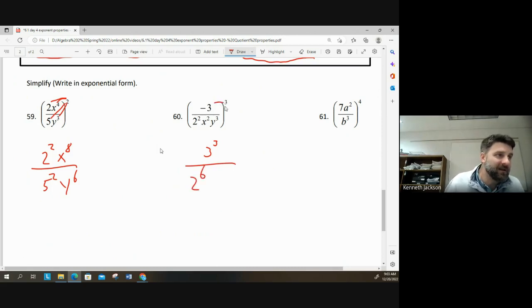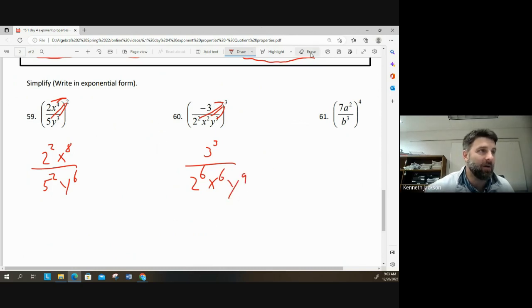That's taking this 3 and I'm multiplying all of the exponents. x to the 6th, y to the 9th. Now, this negative belongs to the exponent of 3, which means I have 3 negatives. 3 negatives would make my answer negative.